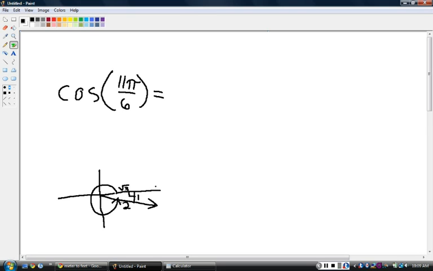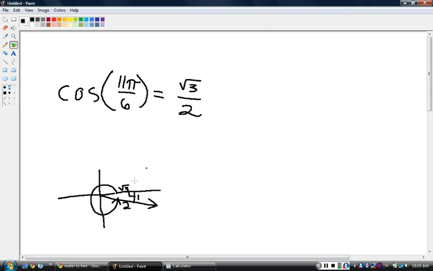Okay, so if I can come up with that picture, then I got it, right? Because the cosine is defined as x over r, and in my picture, x is root 3, and r is 2, right?